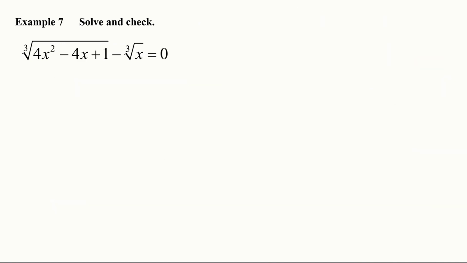All right, so here's the one involving cube roots, and it's not handled any differently. Now here we only have 2 cube roots, so let's go ahead and get one on each side. So the cube root of 4x squared minus 4x plus 1. Now I'm going to move this one to the other side so it becomes positive, so I just get the cube root of x. Now we go ahead and cube both sides.